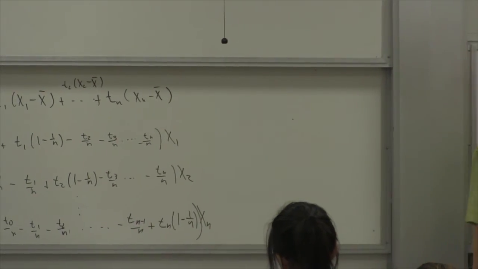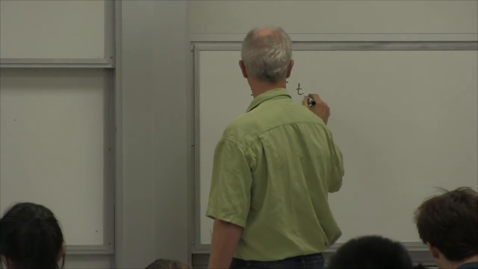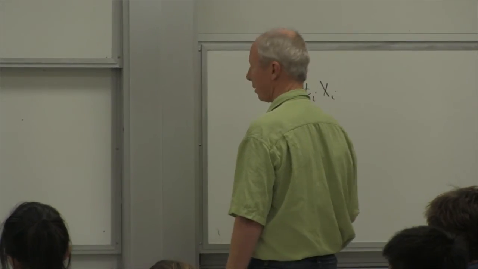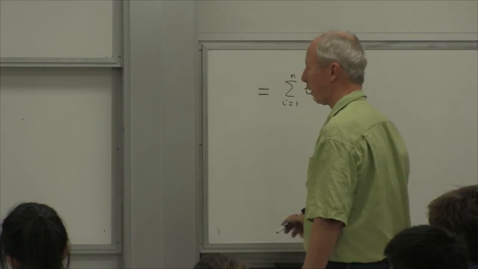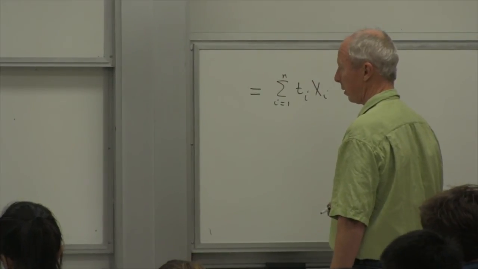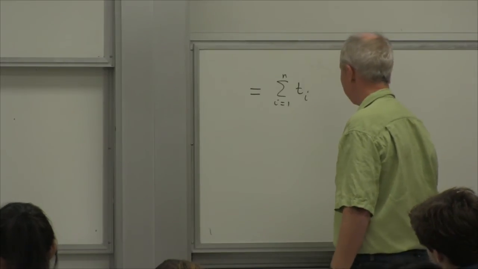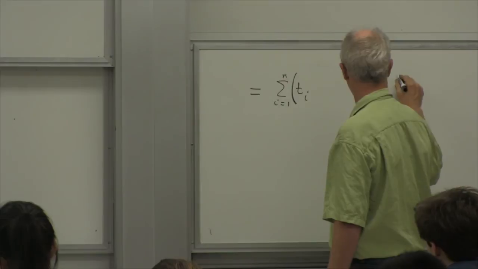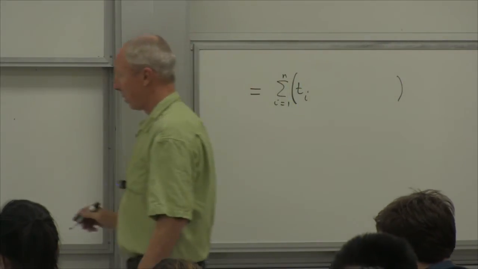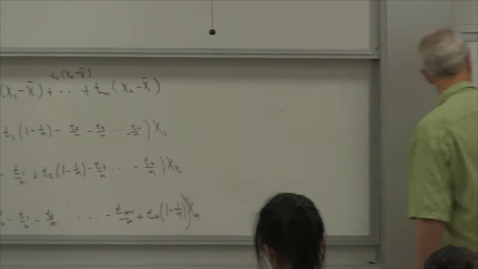So I get the sum, i equal 1 to n, of ti times xi. Well, let's see. What do I get times xi? Everyone has a t naught over n, right?